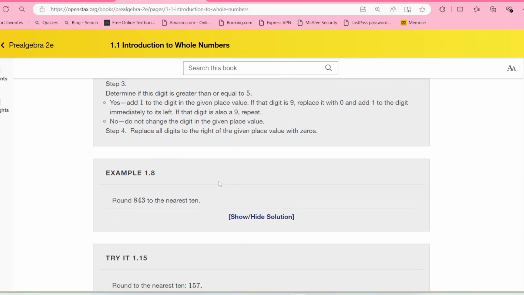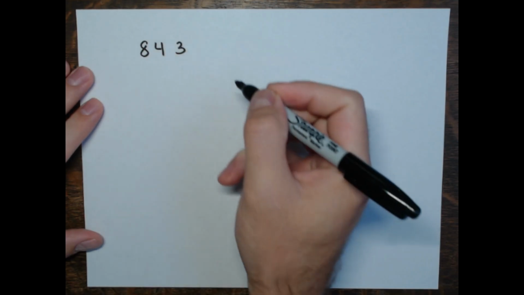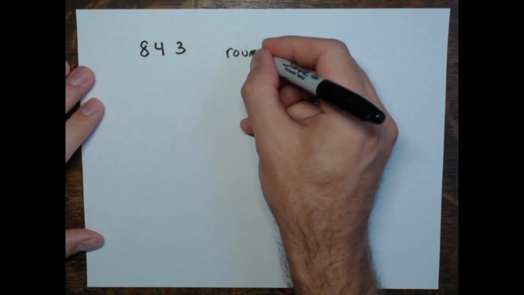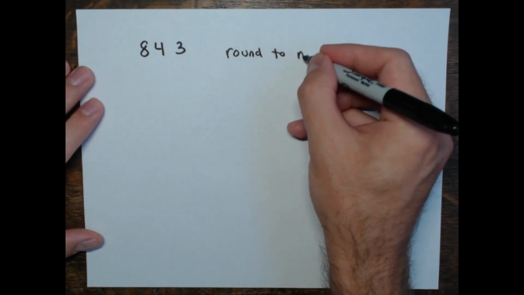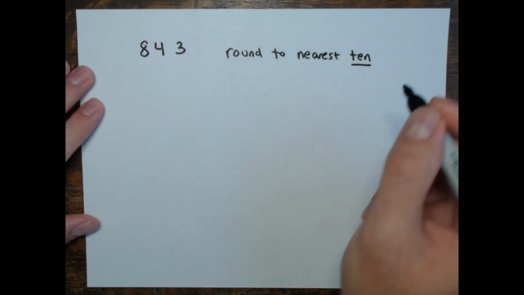So I'll go through this procedure with example 1.8. We're asked to round 843 to the nearest 10. So I'll write this out. The number we're given is 843, and we are asked to round to the nearest 10.